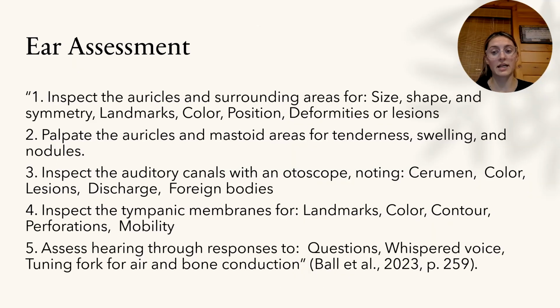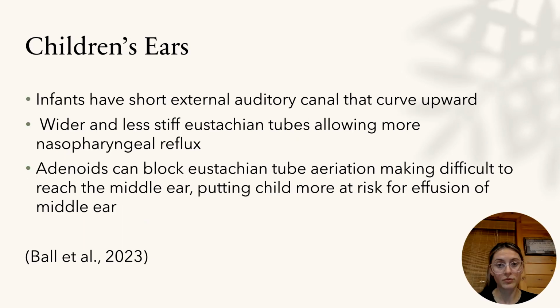Continuing on to the ear assessment, this was also taken straight from your textbook, so I am not going to read it, but this is what we do for a typical ear assessment on any sort of patient. I am going to continue on and discuss what we are looking for just in the pediatric population.